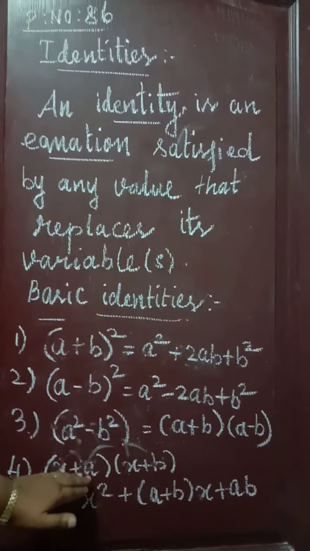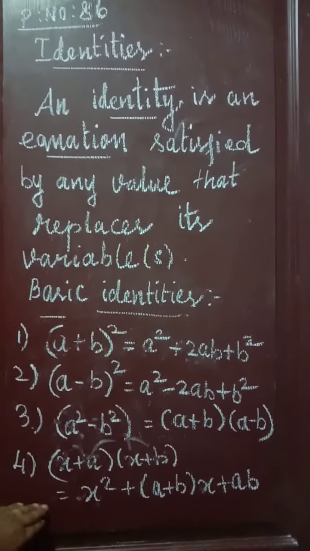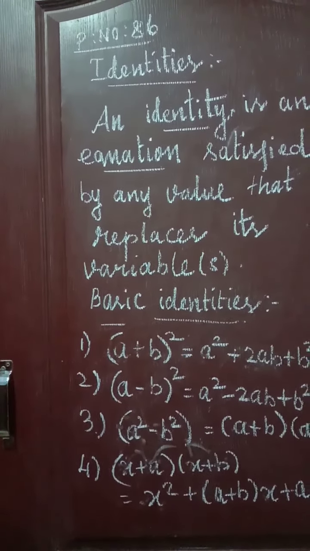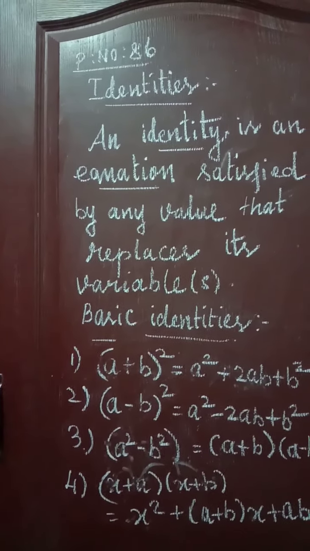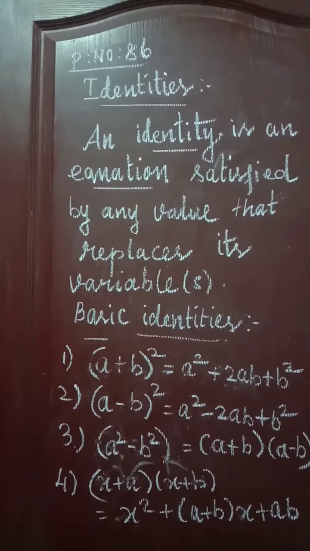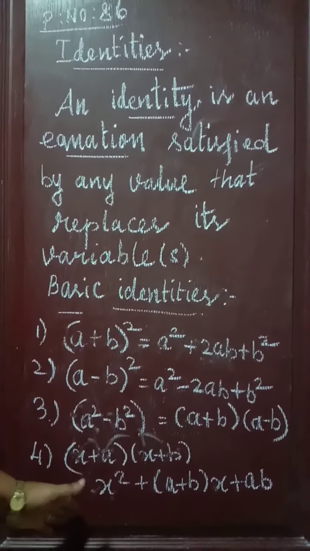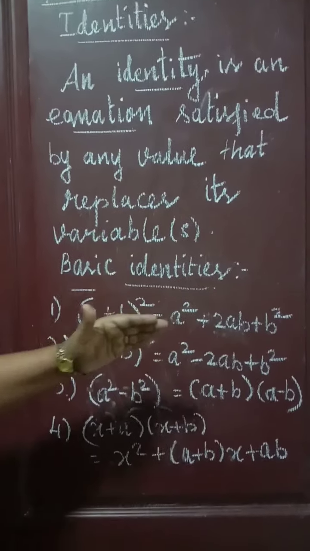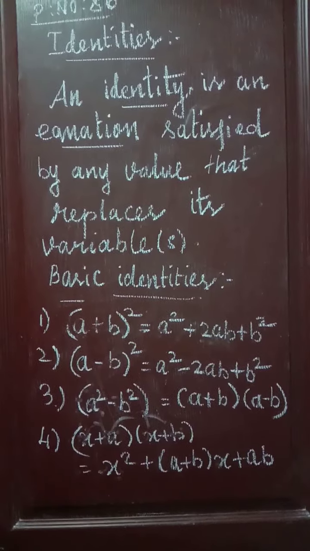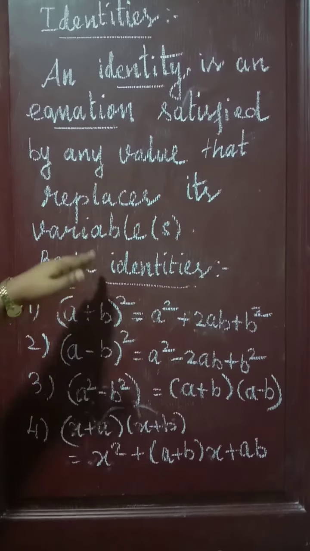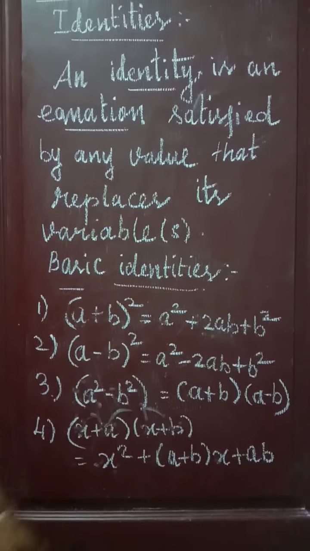Next, x plus a into x plus b is equal to x square plus a plus b into x plus ab. Students, study the formula. This identity I will apply in the next exercise sums. So before going to that exercise, you have to study these four formulas. These are the basic identities.